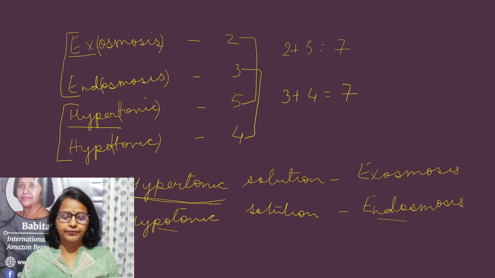Go through the process. Just understand what are the different types of solution, what is osmosis, what is diffusion. Tomorrow we will come up with different questions which are related to osmosis and hypotonic solutions.